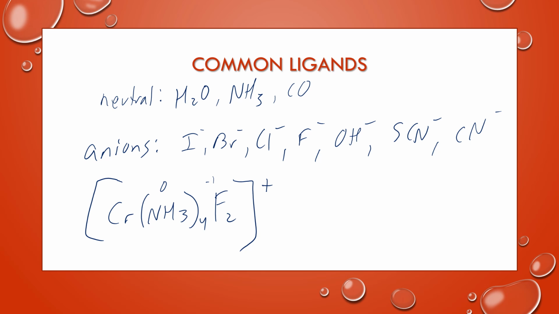But there are 2 of them, so that's -2 overall. In order for the overall to add up to +1, that means the chromium must be +3. And this works whether you're talking about oxidation state or charge. For charge, just make sure you write the sign after the number.